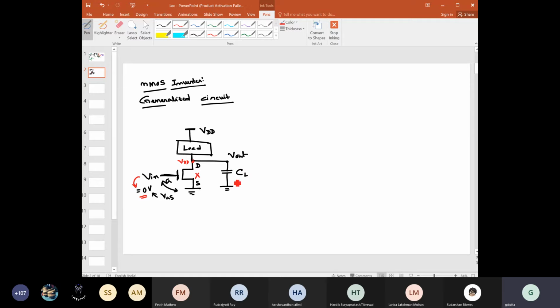Once this capacitor gets charged, then the flow of current will stop, right? The current will not flow any longer. But one current will flow through this to charge this capacitor, and its voltage, which was initially 0, will now be raised to this VDD, right?